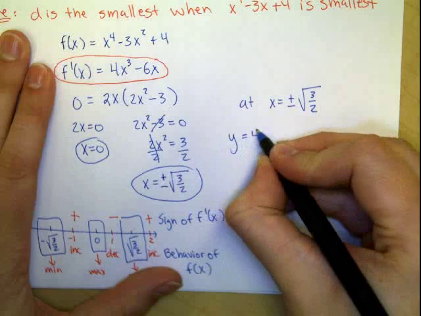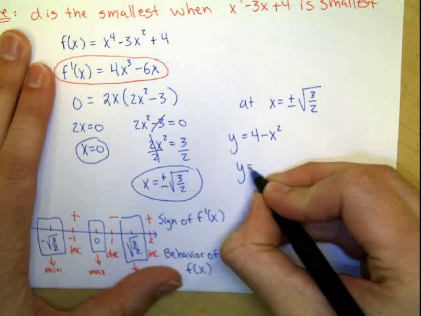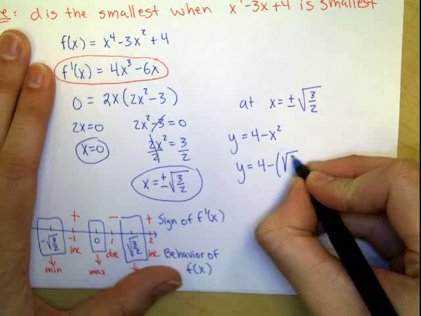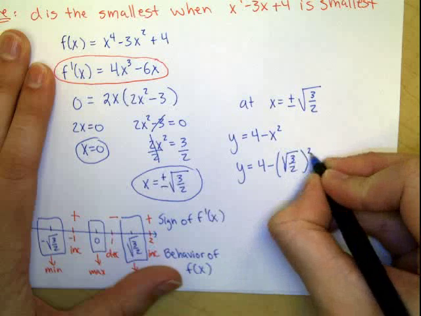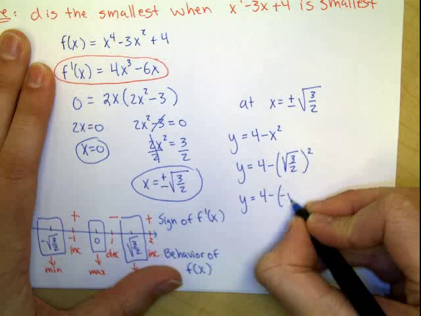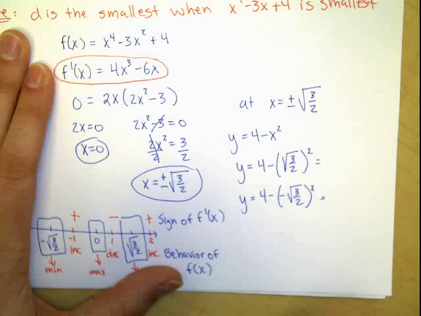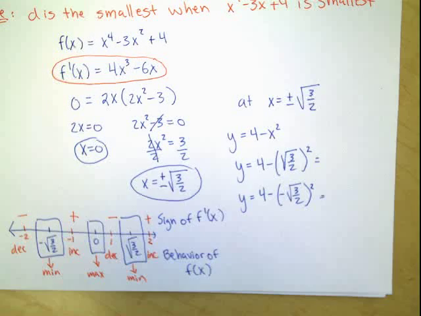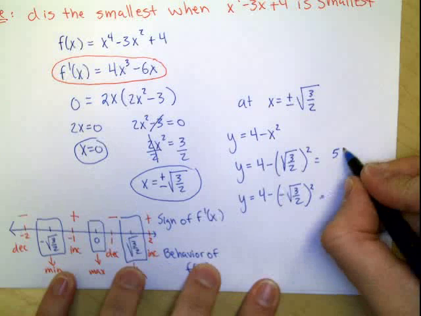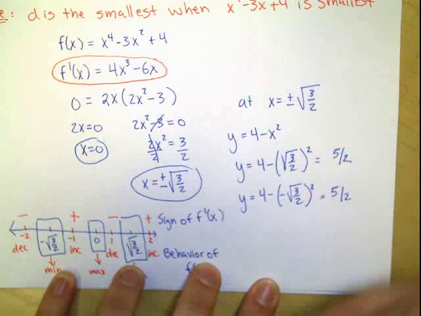If y equals 4 minus x squared, and these are my x values, then y is going to equal 4 minus radical 3/2 squared, and y is also going to equal 4 minus negative radical 3/2 squared. These will both turn out to be the same thing. I just need to plug those in and get some y values. So this is going to turn out to be positive 5/2, and so will this, positive 5/2.